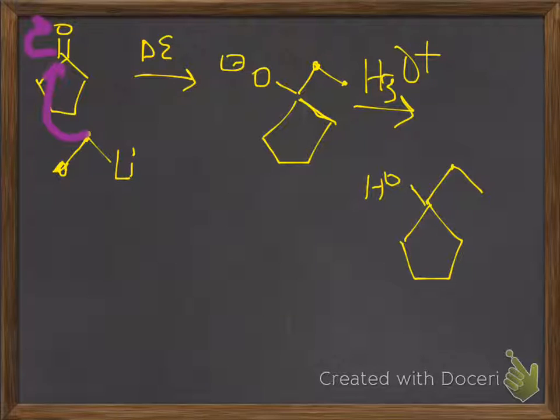But I want you to notice what kind of alcohol did we make here? We made a tertiary. So if you start off with a ketone, you're going to make a tertiary alcohol. And remember, there isn't such a thing as a quaternary alcohol because that carbon would have too many bonds.